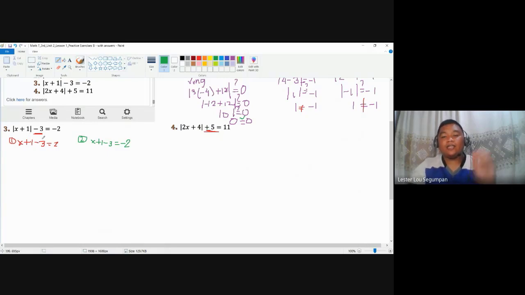In short, you cannot apply the cases directly here. This is a misconception. I will remove this one.